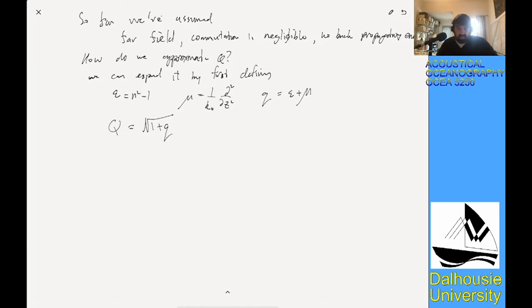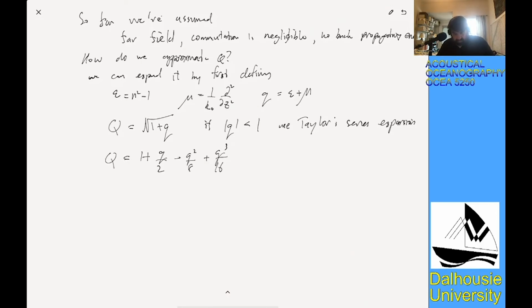So basically at this point you can't stop yourself from saying, if the absolute value of q is less than 1, use Taylor series expansion, in which case Q is simply 1 plus q over 2, minus q squared over 8 plus q cubed over 16 minus dot dot dot.